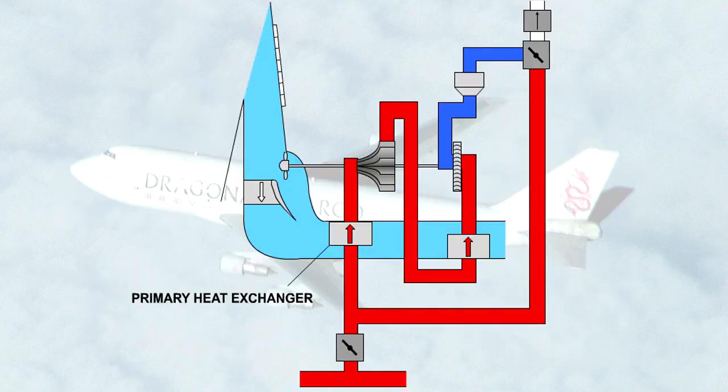The bootstrap is the most common type of air cycle machine. In this system, the charge air is first cooled in the primary heat exchanger. From there it passes to the compressor, where its temperature and pressure are raised. The purpose of this is to ensure an adequate pressure, and thus temperature drop, across the turbine.